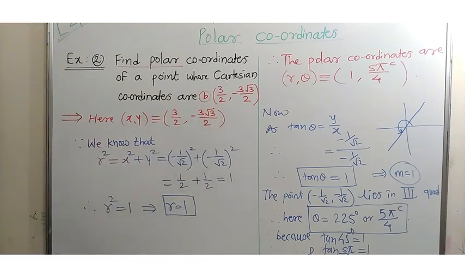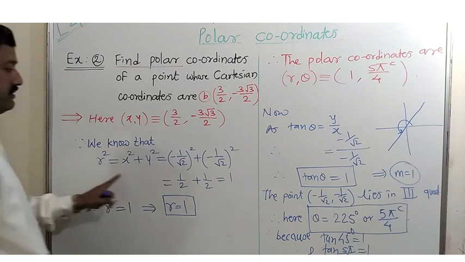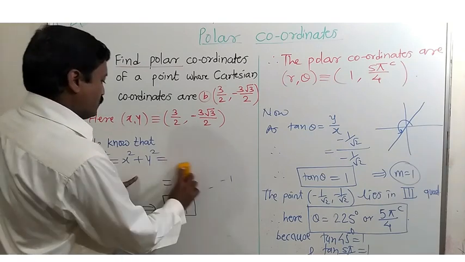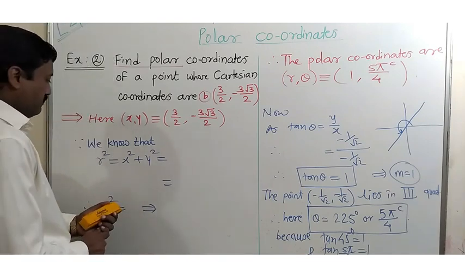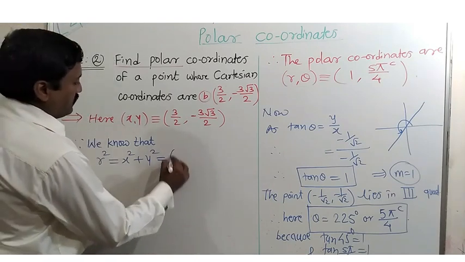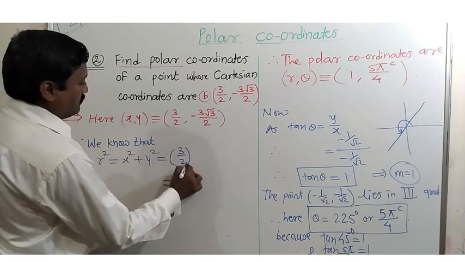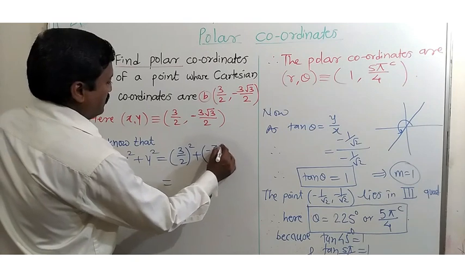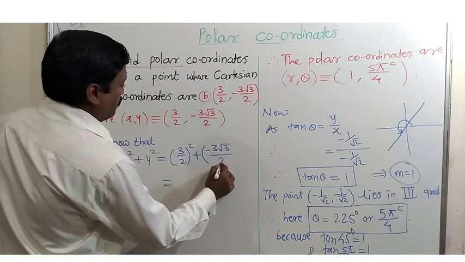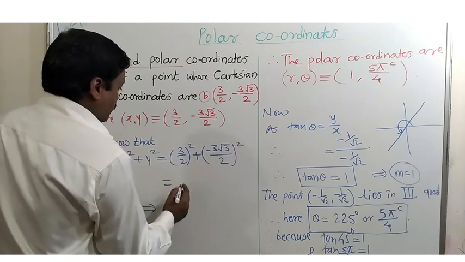In the similar way, we know that r square is equal to x square plus y square. So here we get r square equal to x square plus y square, that means 3 by 2 bracket square plus minus of 3 root 3 upon 2 bracket square.